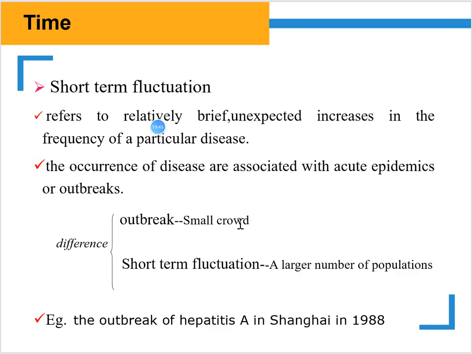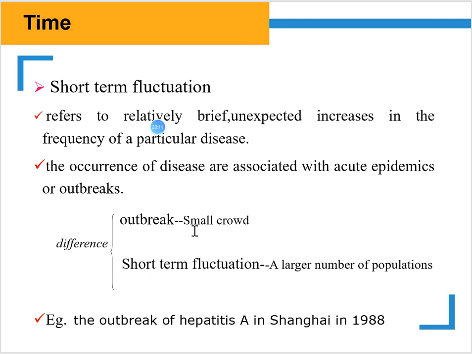Short-term fluctuation refers to relatively brief, unexpected increases in the frequency of a particular disease. The occurrence of disease are associated with acute epidemics or outbreaks. There's difference between outbreak and short-term fluctuation.